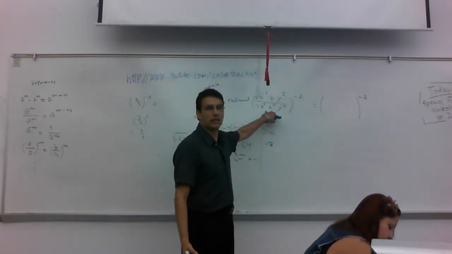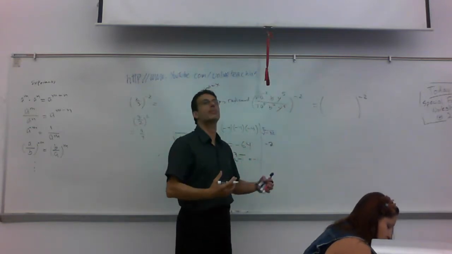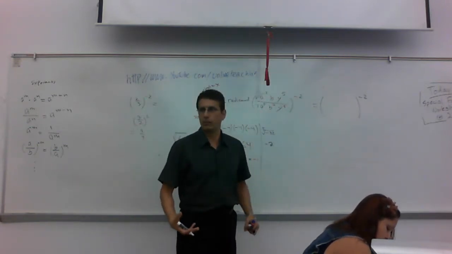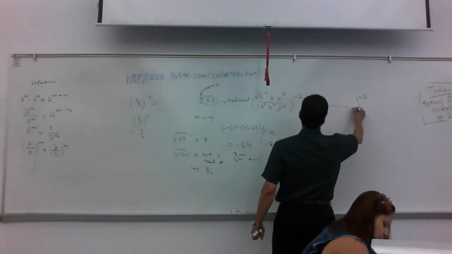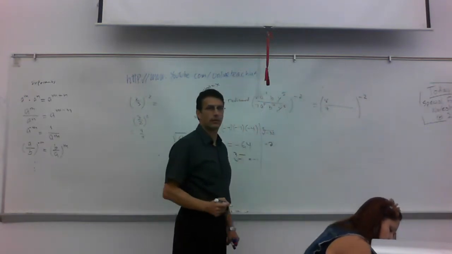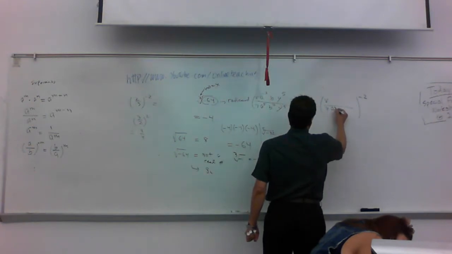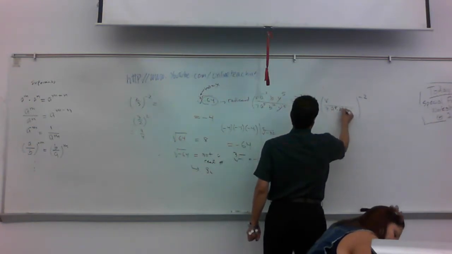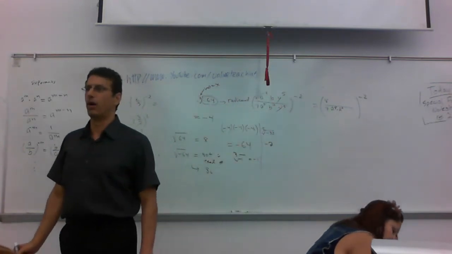It says whatever is in the grouping symbol, the parentheses, simplify it first, then use the exponent, right? So if I want to do that, let me deal with the numbers, 8 and 7. Let me deal with a. I have a to the power of 5. I'm going to multiply it by a to the power of 2. Notice, negative 2, I'm going to bring it down and make it positive 2. Is that right?